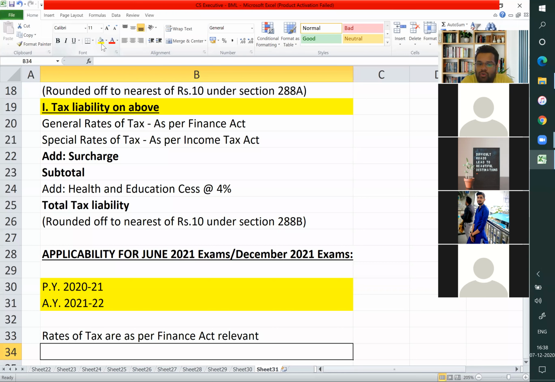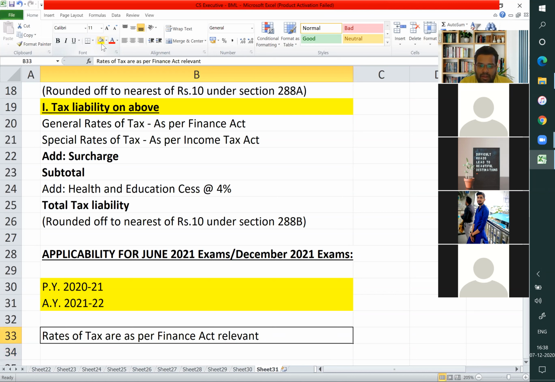So the budget which took place in Feb 2020 would have brought changes for financial year 2021. Means it will be applicable first time for which AY? Exactly, 21-22. So rates of tax are as per the relevant Finance Act.